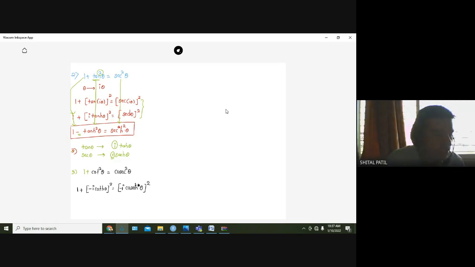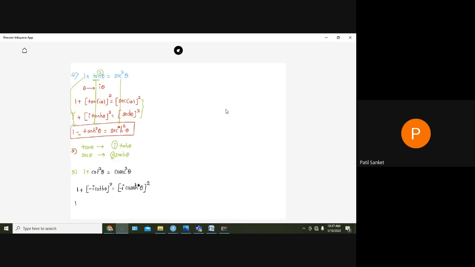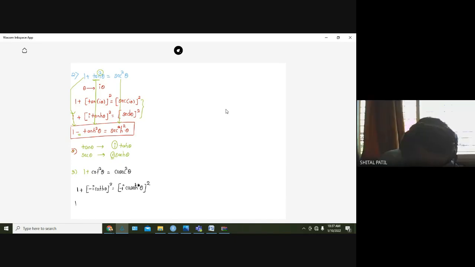See, I am using the 6 relations that are on the previous page. Circular to hyperbolic we have written like this. Those 6 relations I am using. So 1, I square is -1, and this minus plus. No change in the equation.